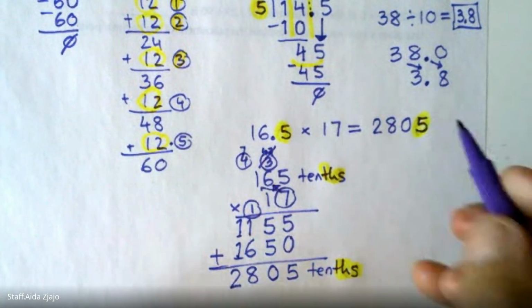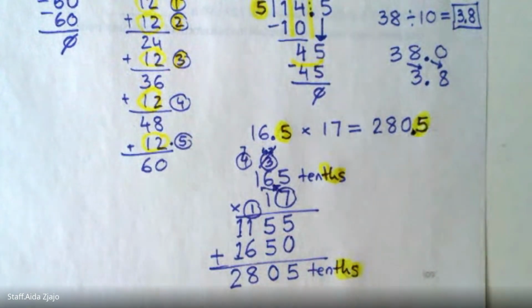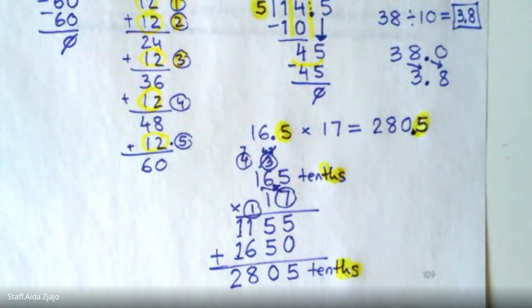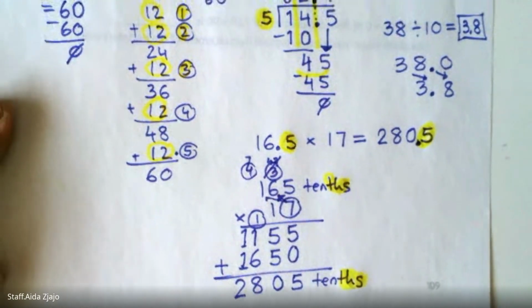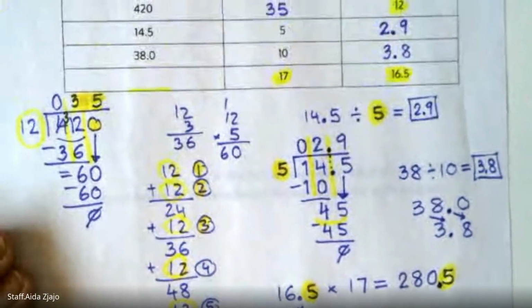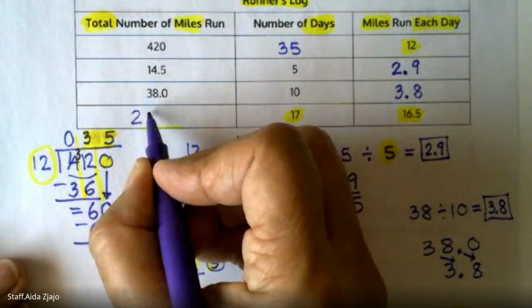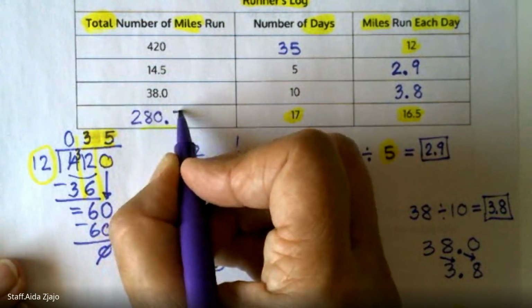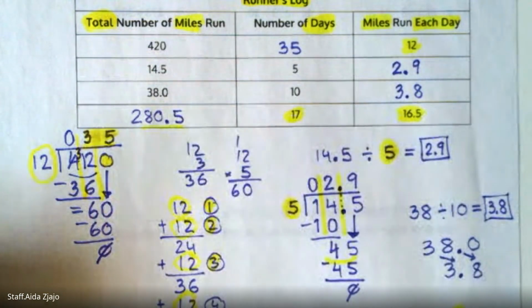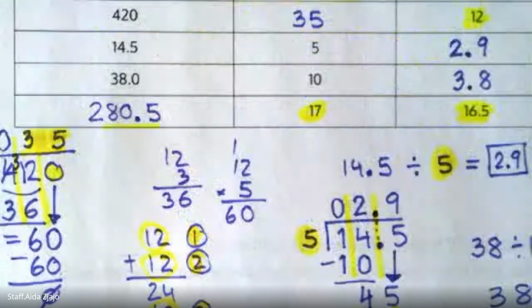So that is 280.5 total miles for that last unknown number here. It was 280.5 miles of the total.